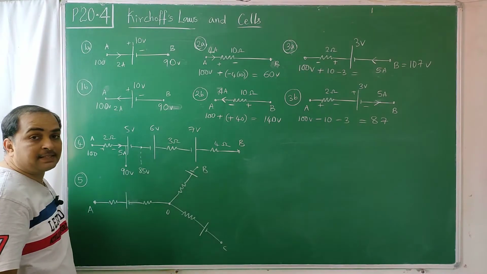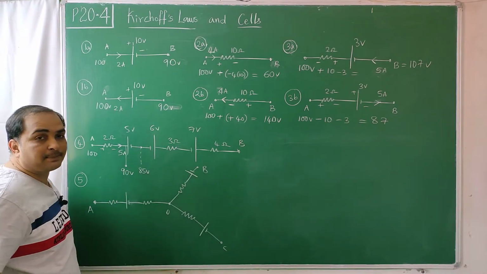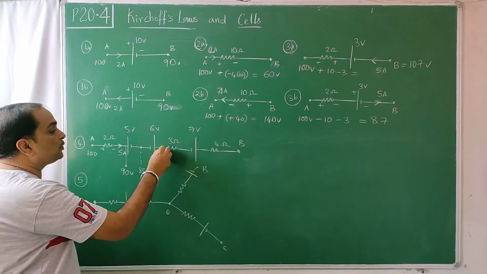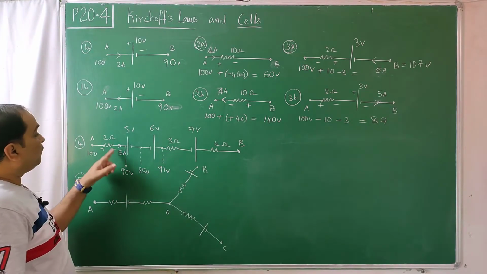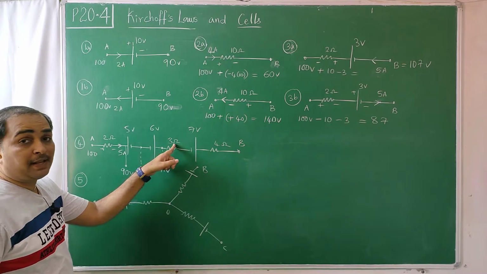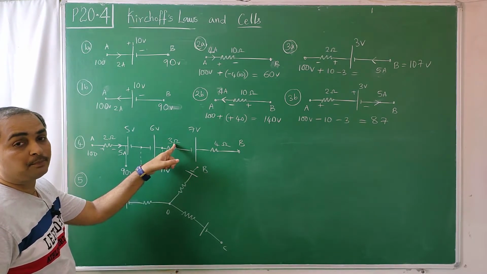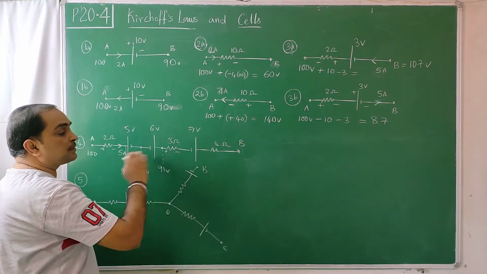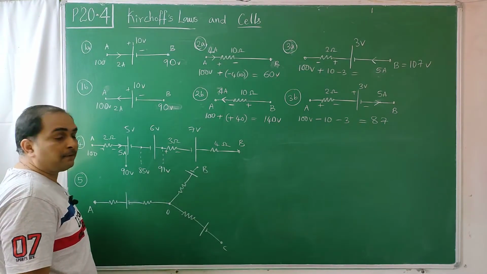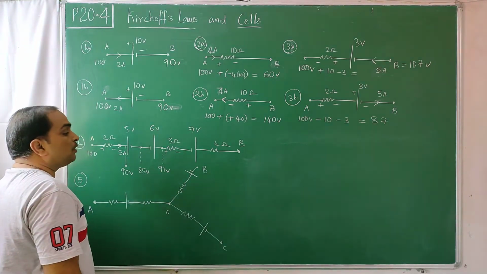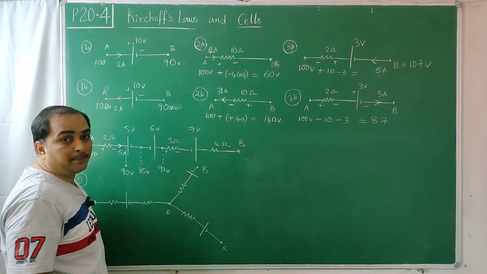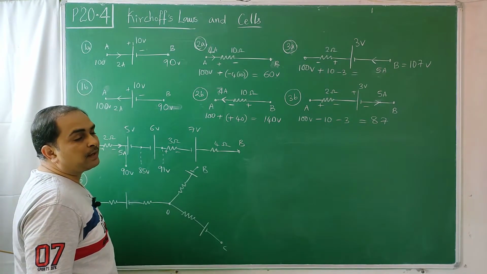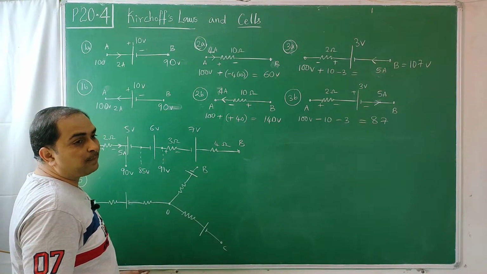Minus 2 plus, there is a rise. 85 plus 6, 91. So this point will be at 91 volts. 5 amperes coming through this. 5 3s are 15 volts. Plus 2 minus. Current flowing like this within one part of the branch. So plus 2 minus is minus 15 volts. 91 minus 15 is 76.